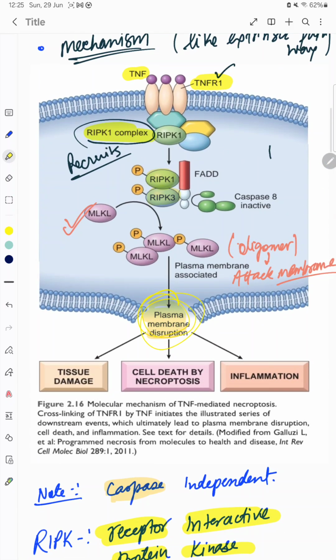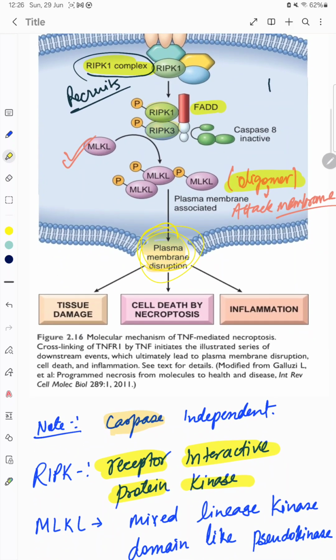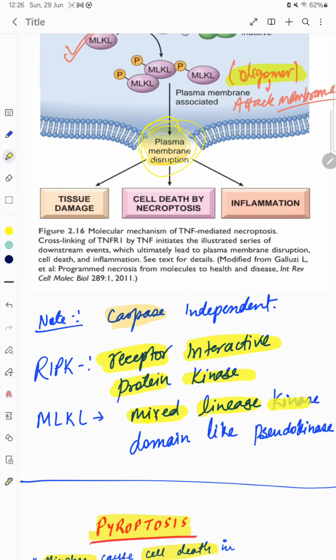This RIPK complex, along with the FADD, death domain, which is involved in the extrinsic pathway, forms a complex which converts MLKL into the oligomer of MLKL. MLKL stands for mixed lineage kinase domain-like pseudokinase.